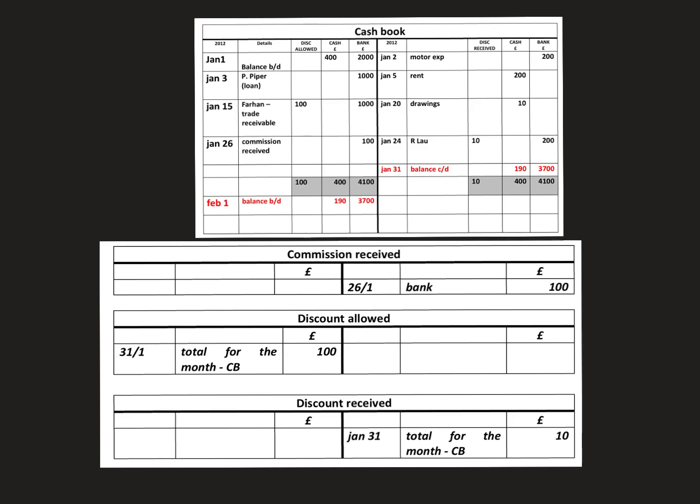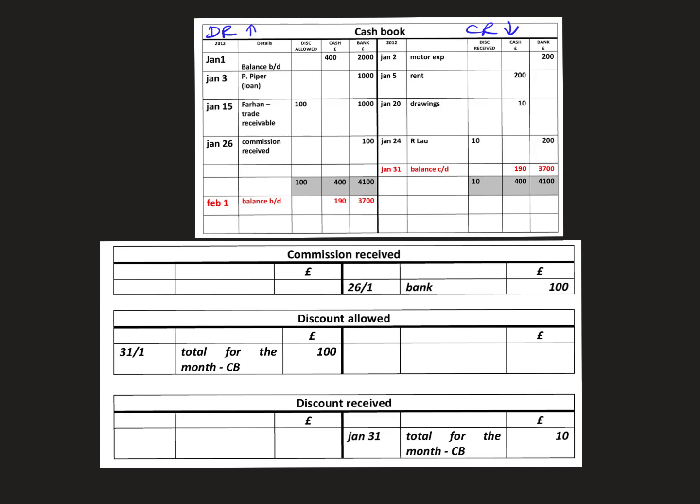Carrying on, we're going to look at commission received. So you can see here commission received, the 26, that was on the money inside of the cash book, which is the debit side. And again, that's the increasing side, which is money in. And the credit side is the decreasing side, which is suggesting money is coming out.